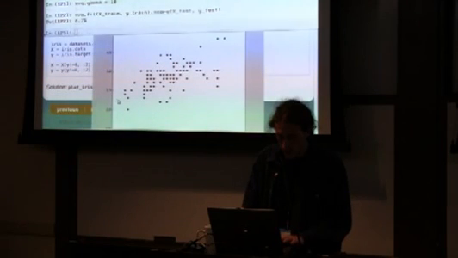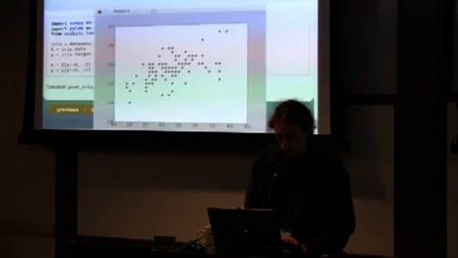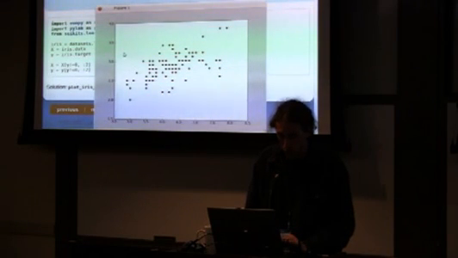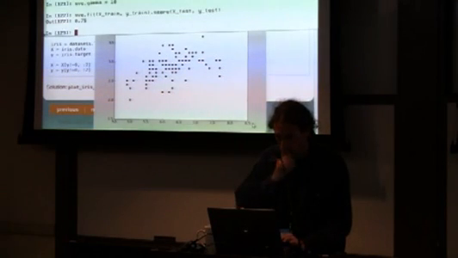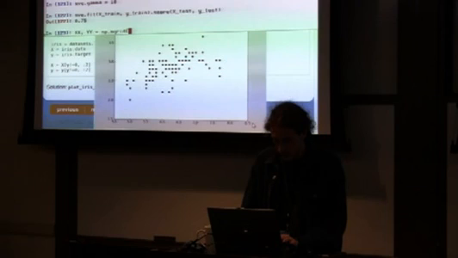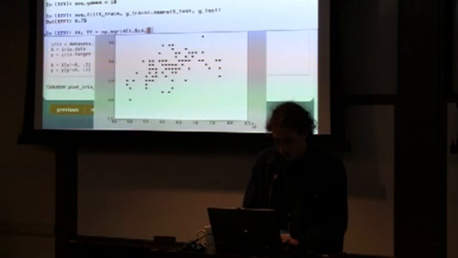Looking at this, I'm going to take a grid going from, in the first direction, 1.5 to 4. In the second direction, 4.5 to 8.5.